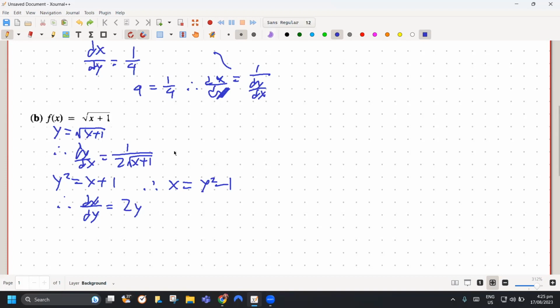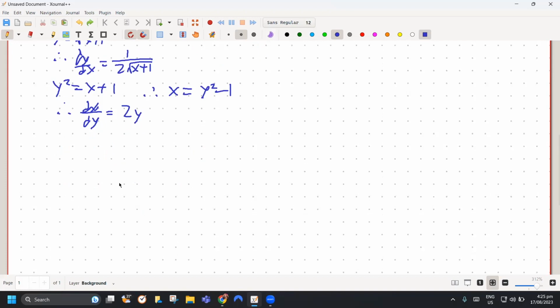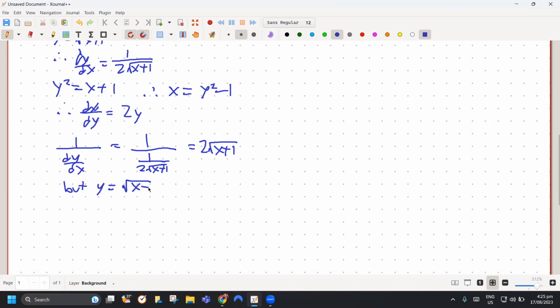Now, ano ba yung 1 over dy/dx? So, by sulat, 1 over dy/dx is 1 over 1 over... which is in turn... Remember, 2 square root of x plus 1 equals 2y.